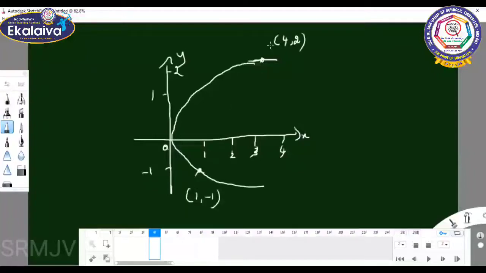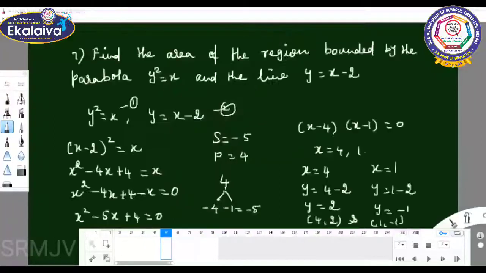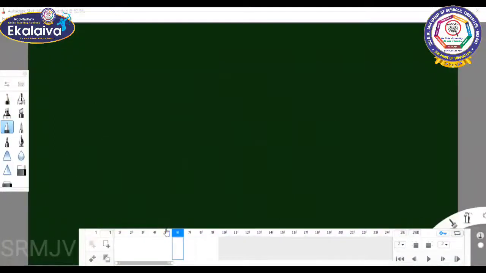The line passes through these points like this. So you can find out the area of this shaded region. See, whenever the curve and line are given, you can write it as line minus curve.